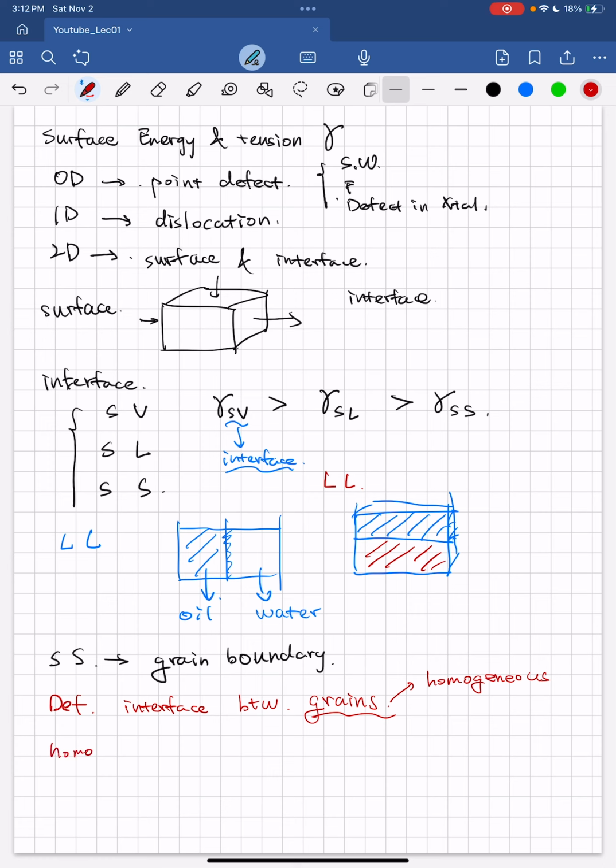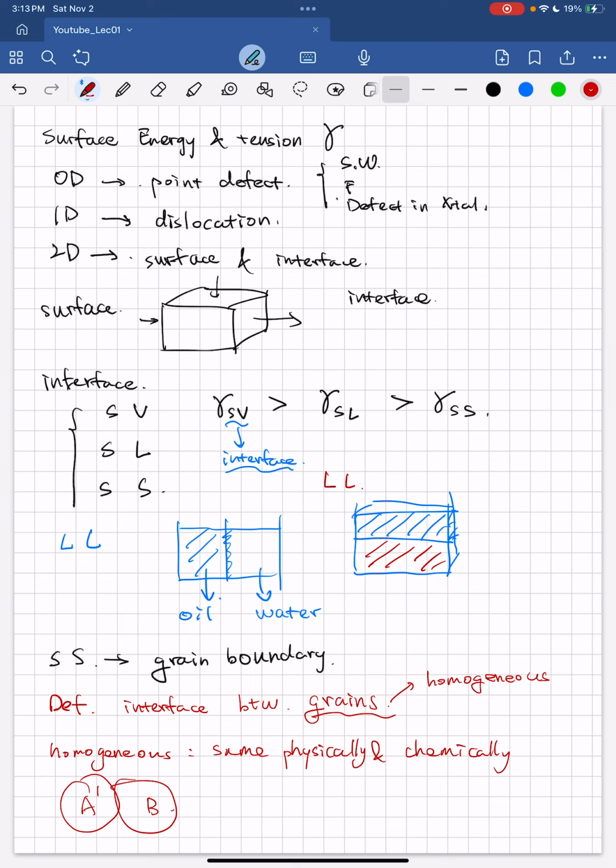Homogeneous means the same physically and chemically, it's the same inside this grain. Like this kind of grains, grain A, grain B, it can be like completely different materials.